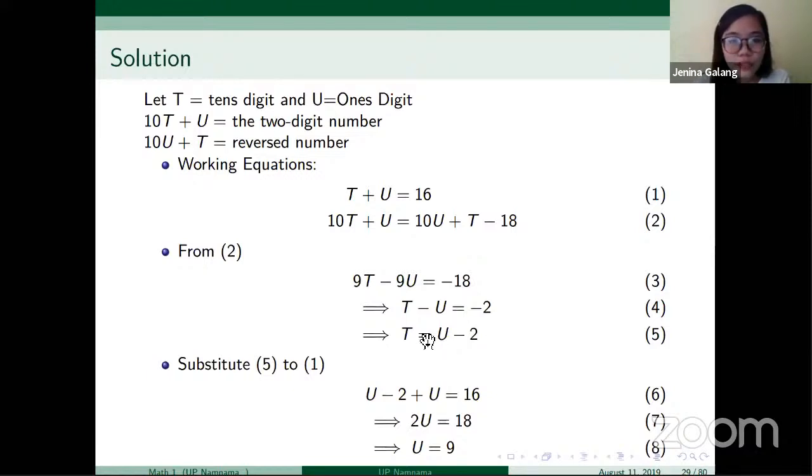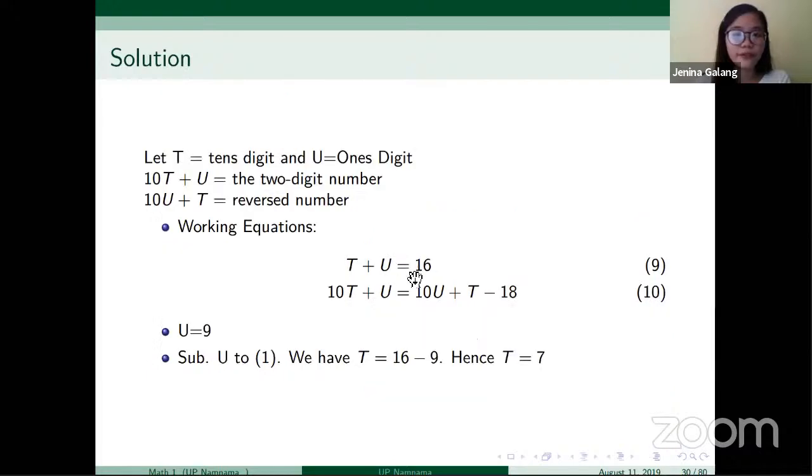Then, substitute natin yung equation 5 to equation 1. We have u minus t plus u equals 16. So, we will have 2u equals 18, which is u equals 9. Then, substitute natin yung u equals 9 dun sa equation 1.